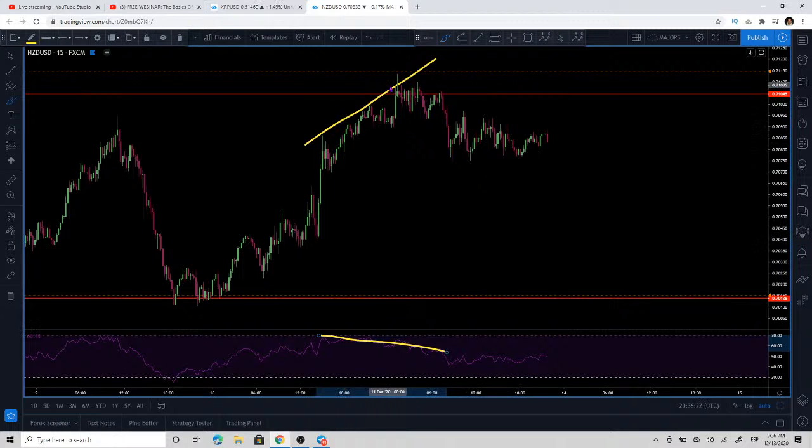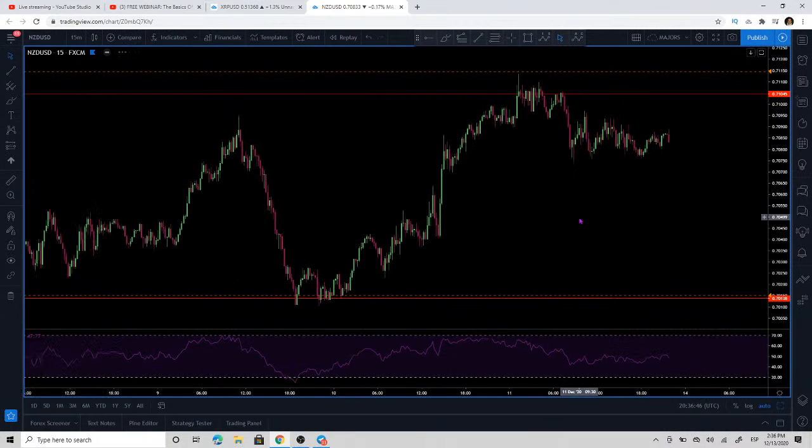Price was making higher highs, the oscillator was making flat highs. And then when price broke the lows, we had somewhat of a reversal at the top. This was at the close of last Friday, so we didn't get a follow through on that one.